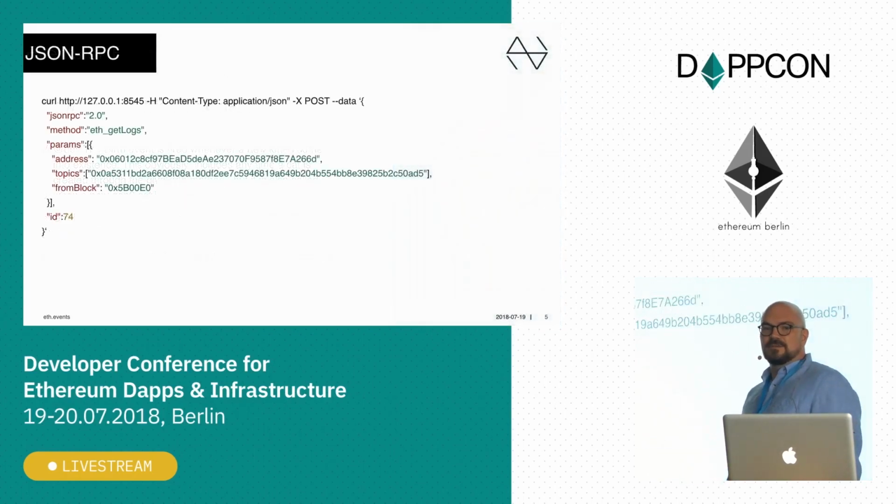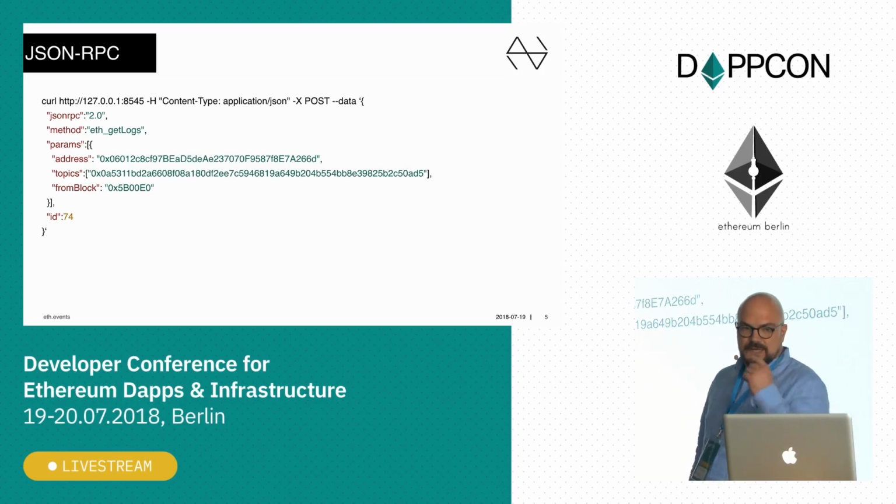So the first thing you would try to do would be to just use the JSON RPC with your preferred Ethereum client. You would do a curl request, or you could do this with Geth and Parity, and you just put in the address of the contract. This is the CryptoKitties contract, and the topic you're looking for, the birth event.